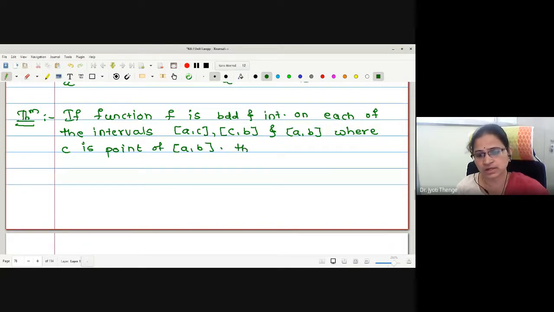Okay. Then it asks us to prove that integration a to b f dx is equal to integration a to c f dx plus integration c to b f dx.